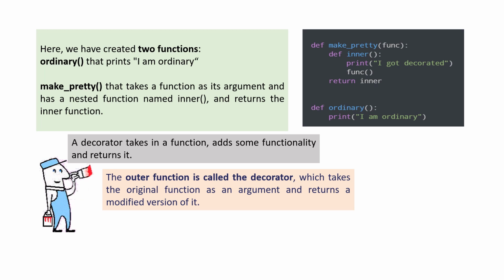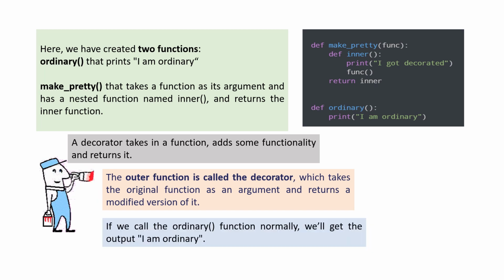So here make_pretty is the decorator that modifies the ordinary function by wrapping it in the inner function named inner. That is the func, which is the name of the function to be decorated, and it is passed as an argument to the decorator function. This is done when calling the decorator function, which I'm going to explain now. If we call the ordinary function normally, we will get the output "I'm ordinary" only.